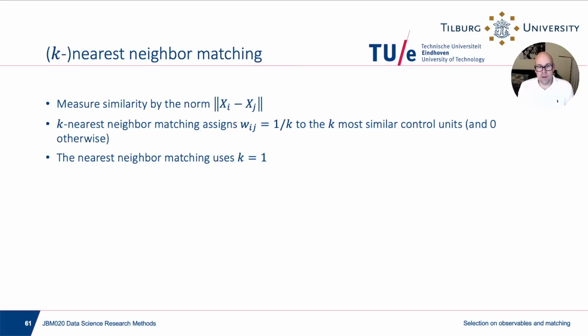So one version of that is k nearest neighbor matching. So first of all, you need a measure for the similarity. So you can simply take the L2 norm. That would be, you take the difference between x_i and x_j. So think of x_i really as a vector, right?